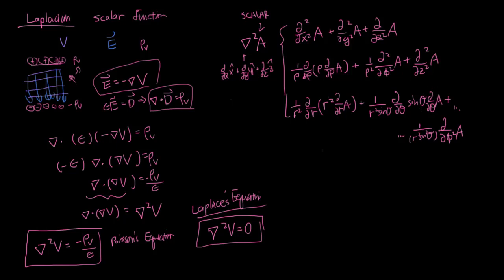So make sure you take one derivative first, and then you multiply it by sine theta, and then you take another derivative. Work your way for each term from the right side back out through the terms on the left side, and take the derivatives when you're supposed to, combine terms when you're supposed to, and don't jump the gun and do it too early. And so that's the Laplacian.